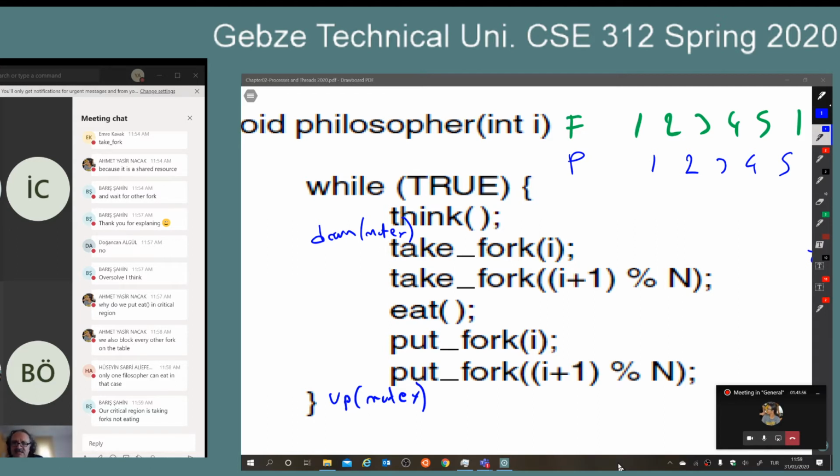How about this? Up mutex. Okay, eat, and down mutex and up mutex. How about this? Did this solve the problem?